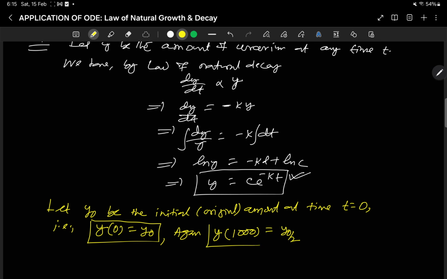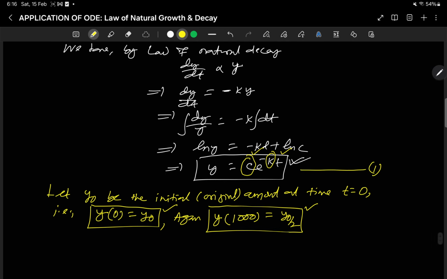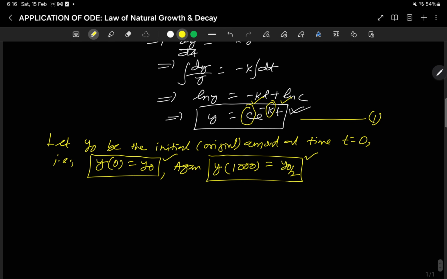This is another condition. So here we have two constants. One is the arbitrary constant c, another is the constant k. To find these two constants we need two conditions. Let this be my equation number 1. Let us impose the conditions on 1. What are we asked exactly?